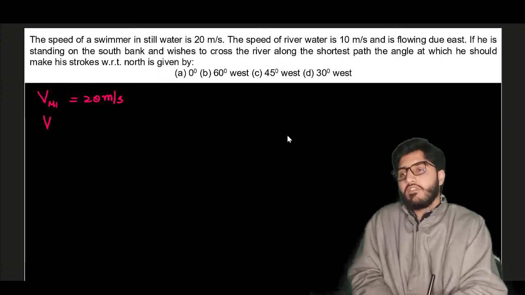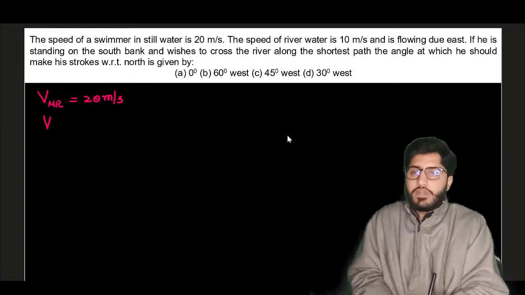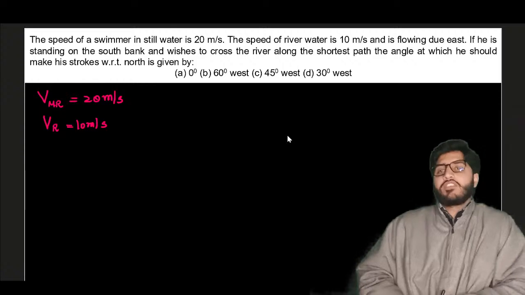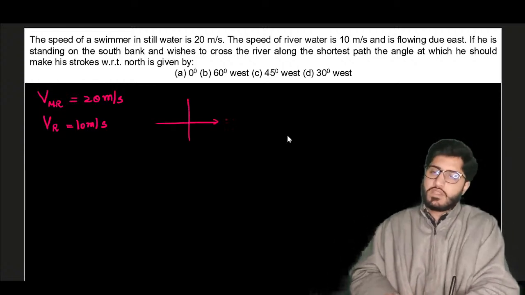Speed of a man with respect to still river, that's 20. Now what is the speed of a river? Is it given to us 10 meters per second? Okay, no issue. And it's flowing due east. Okay, it is flowing due east.